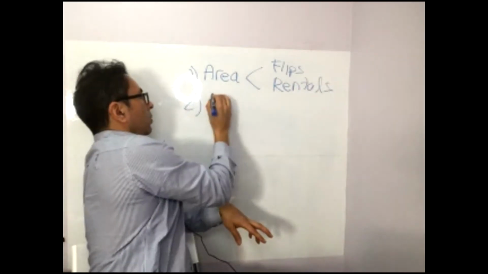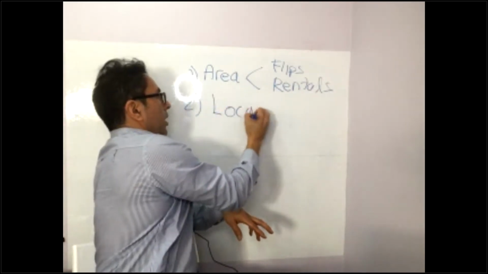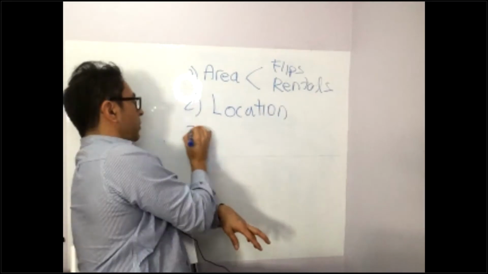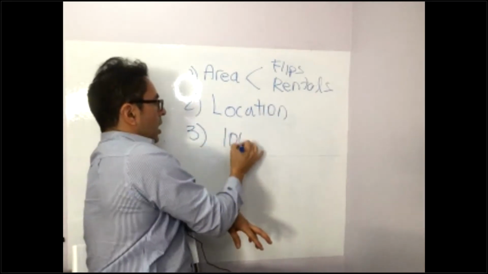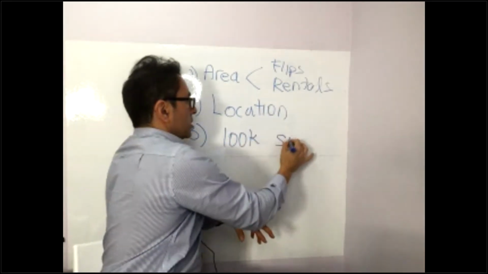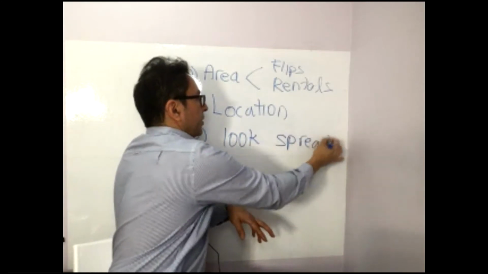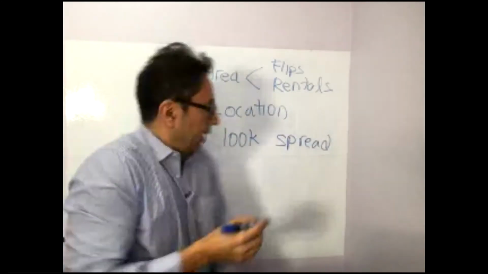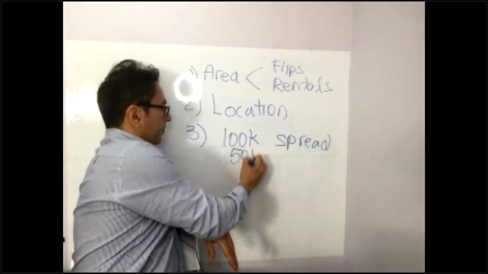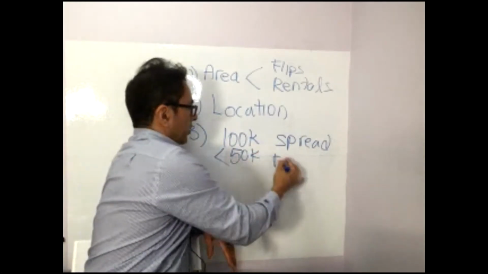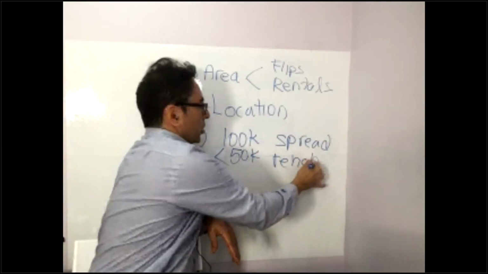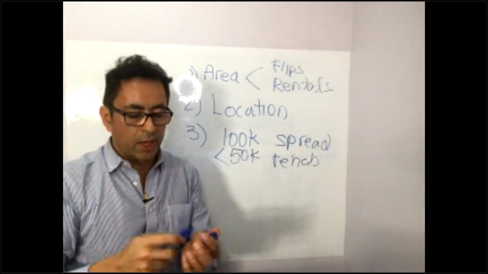Rentals, then we're gonna do location, and number 3, $100 spread. Okay, and Rehab. Okay, so I just wrote everything down. We're gonna quickly go over that.